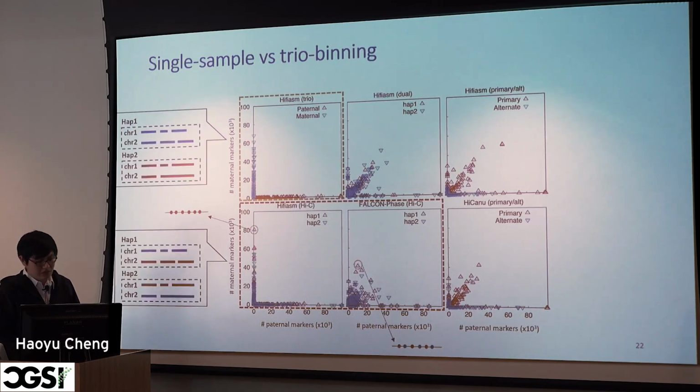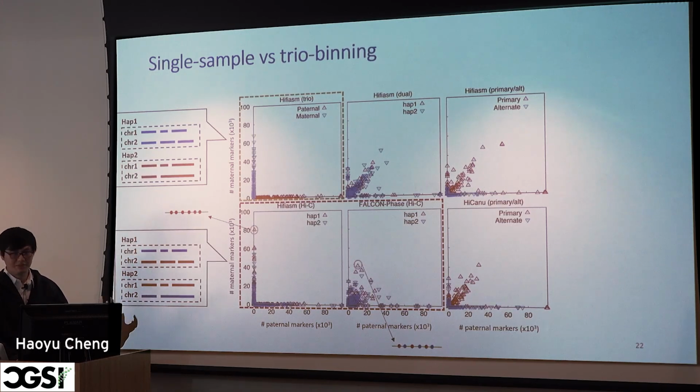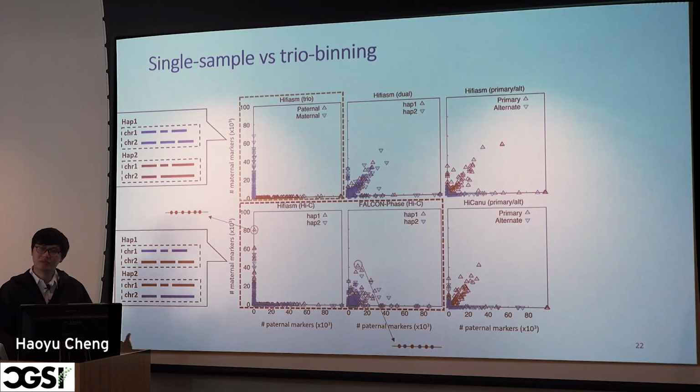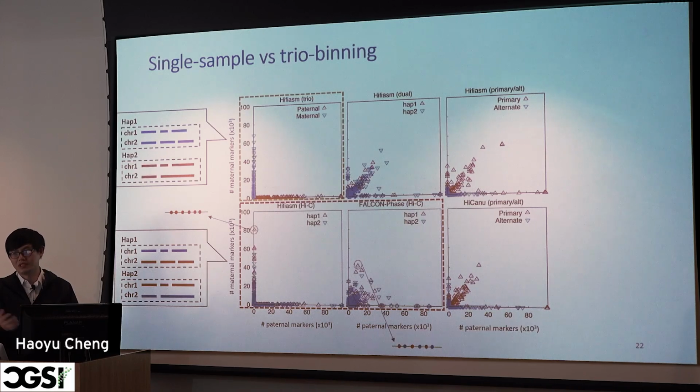As a result, for the Hi-C phased assembly, the assembly may put the paternal haplotype of chromosome 1 and the maternal haplotype of chromosome 2 together. But for most downstream analysis applications, there is no requirement to put all the paternal haplotypes of all chromosomes together, or all the maternal haplotypes together.